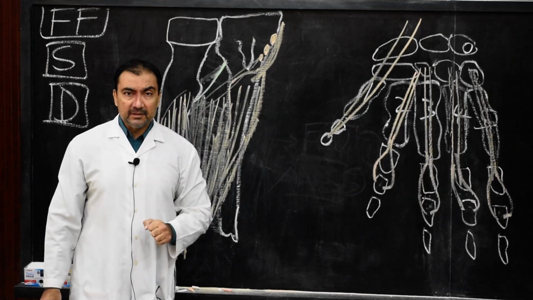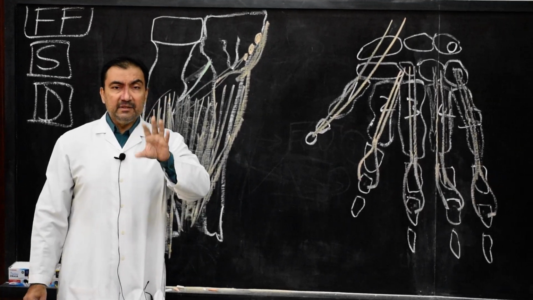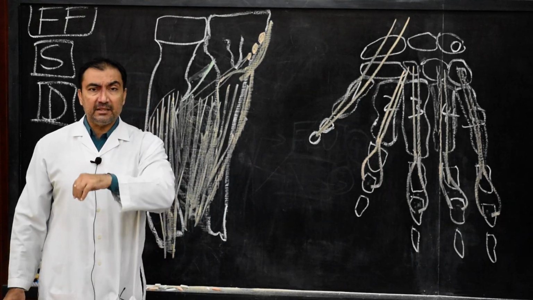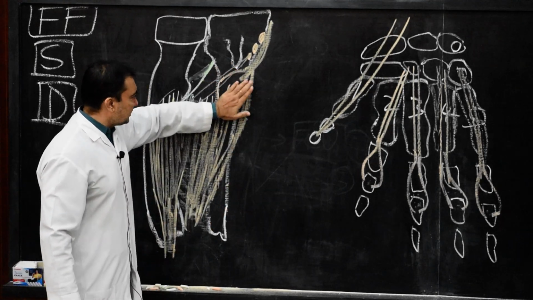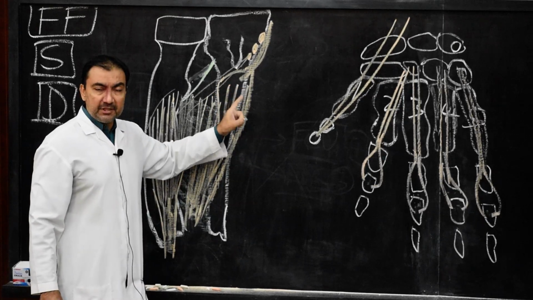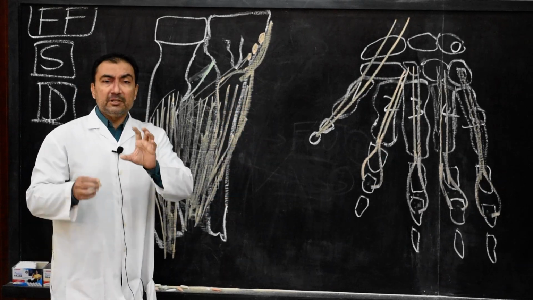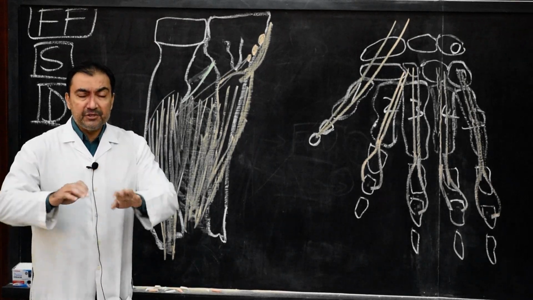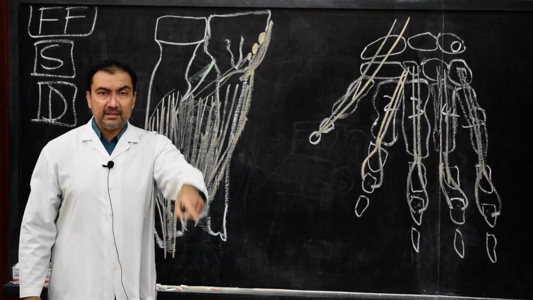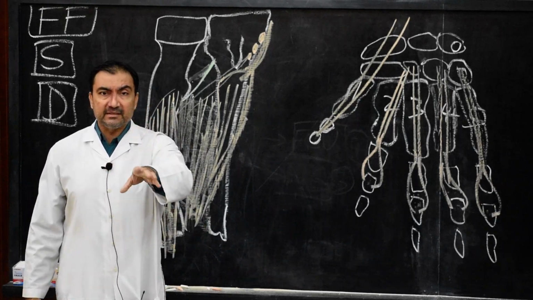Remember, I discussed in the superficial group of muscles of the front of forearm, the common aponeurosis of the upper 2/3 of the posterior border of the ulna serves as a common aponeurosis for three muscles: flexor carpi ulnaris, extensor carpi ulnaris, and flexor digitorum profundus.